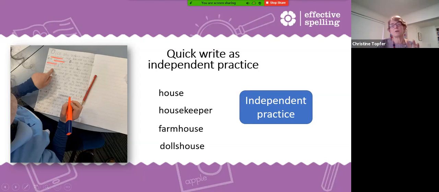And we always, in all of the learning sequences, suggest you're making reading-writing connections, always pushing to writing and to reading, so that we don't just learn about spelling in isolation, because we need to be able to use what we learn. So this child had already used house, housekeeper, farmhouse, doll's house in their writing.